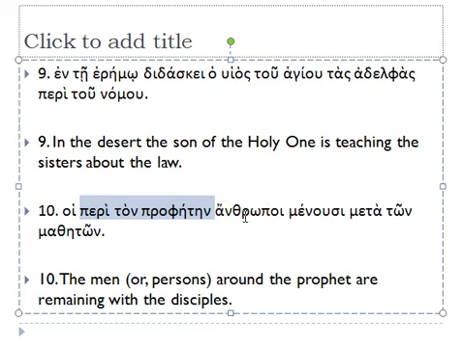The Greek author is showing us that the peri ton prophetein is describing hoi anthropoi. So the people around the prophet, menusi, remain, meta ton matheton, with the disciples.